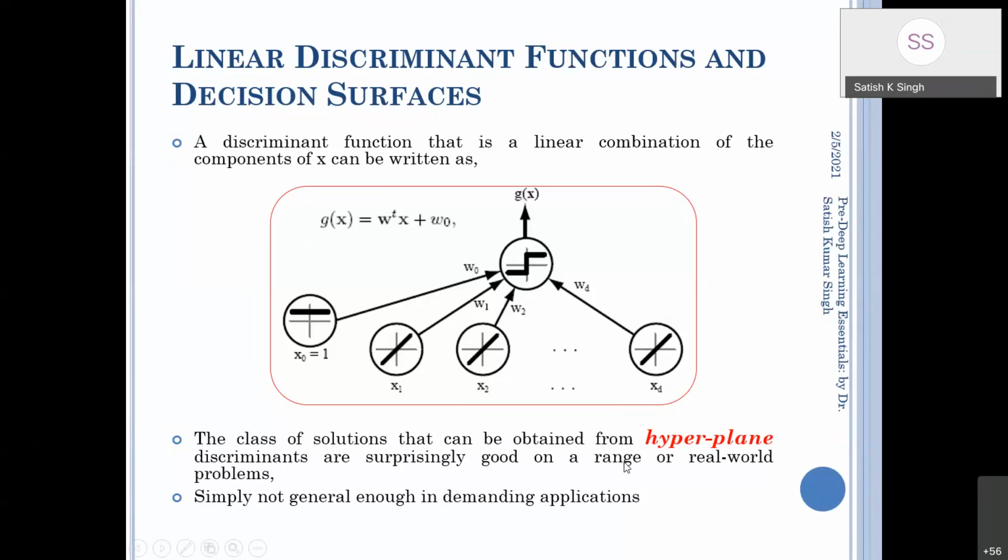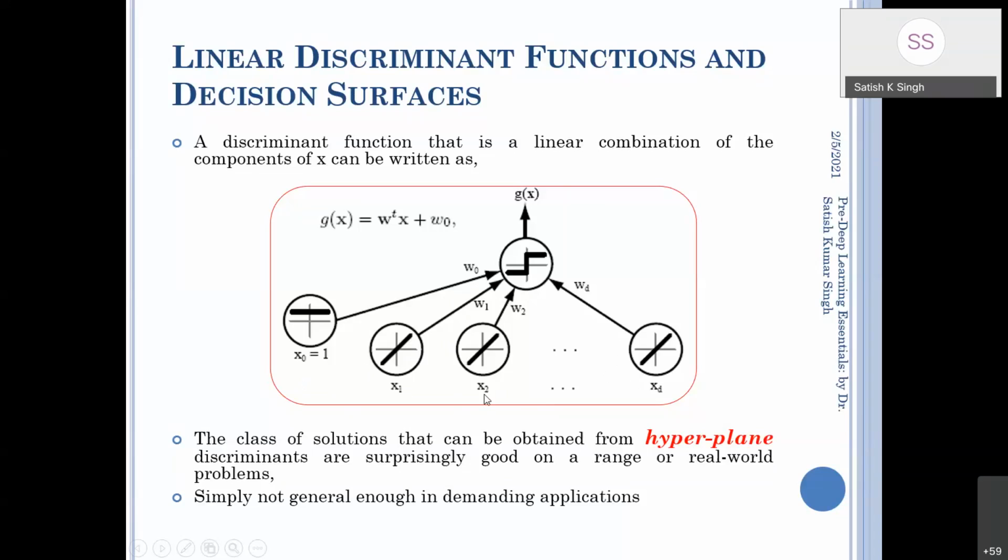Obviously, if we go through this figure, these are various small weights, W naught, W1 to WD. And X1 to XD is D-dimensional data, or input simply. And here, the function being used is the identity function, you can say.